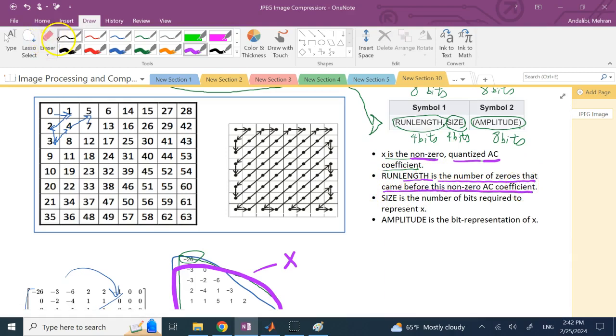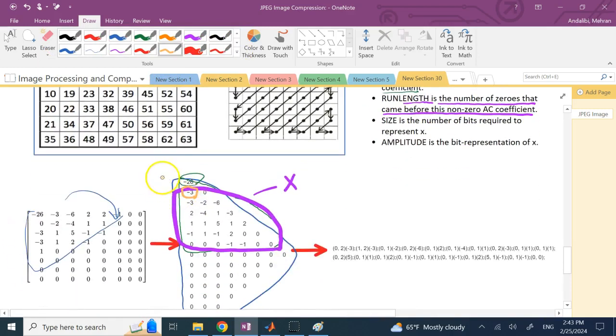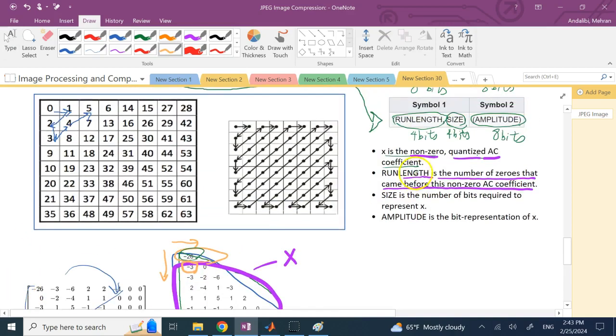For instance, if I want to store this -3, when I go down in this triangle, how many zeros do I see before this -3? Nothing. Right above it, there is no zero. So no zero came before this -3, so the run length for this first number is 0.